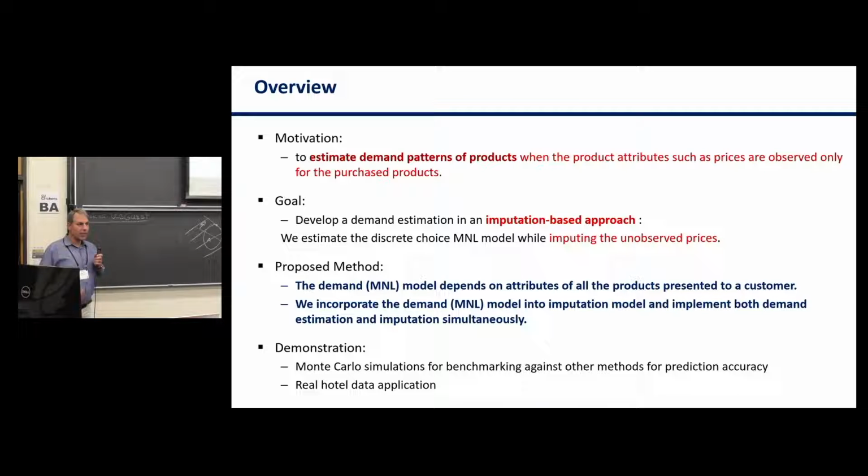So the idea is that in reality, when we want to estimate, for example, an MNL model, we want to know the entire consideration set. Ideally, we want to know the no-purchase options as well, like who didn't buy anything.